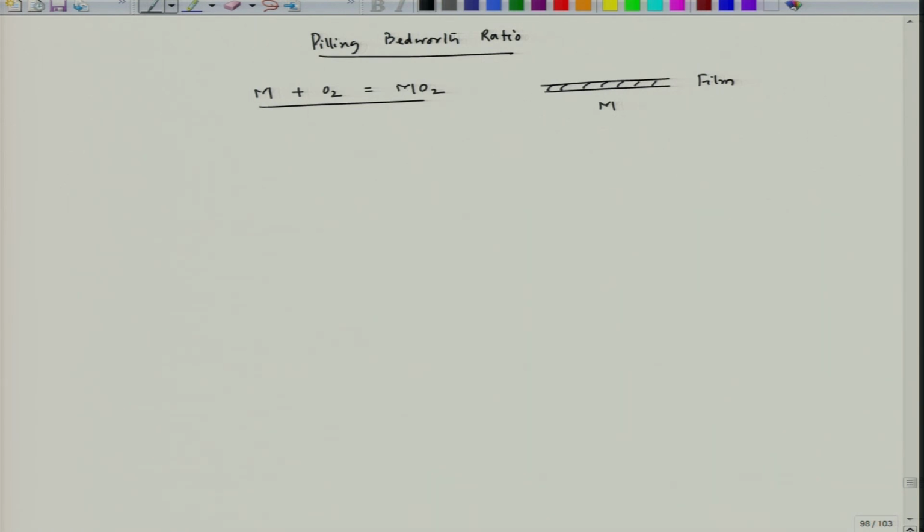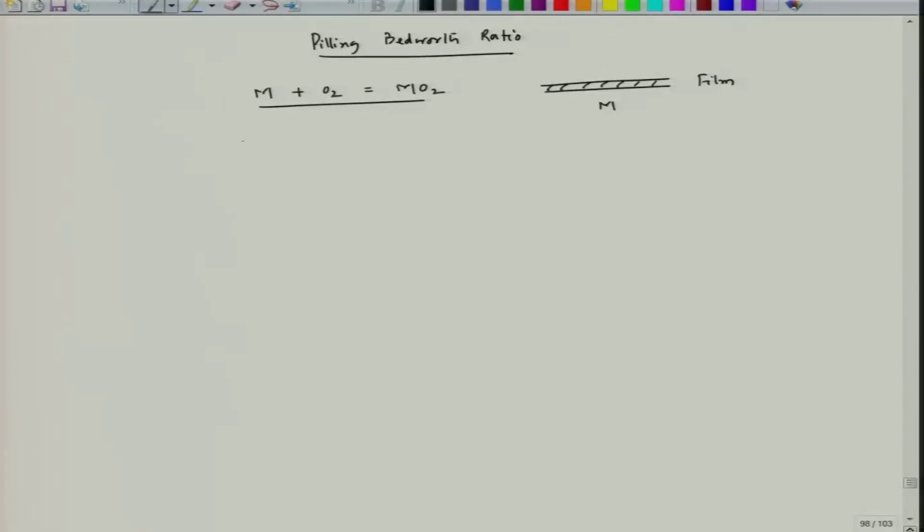By looking at the parameter, one can judge that this particular oxide can cover the surface. That is what the Pilling-Bedworth ratio has been designed for. Here, we assume that the metal oxide is forming on the surface and it is not evaporating or melting.